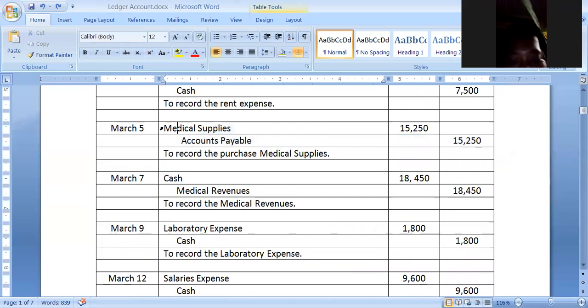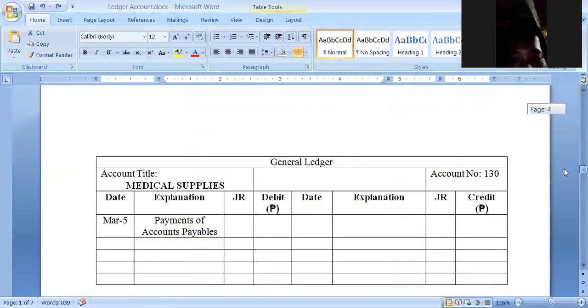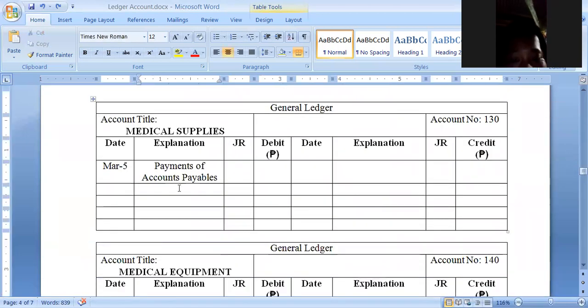It's medical supplies. 15,250 debited. General journal, page 1. 15,250 debit.